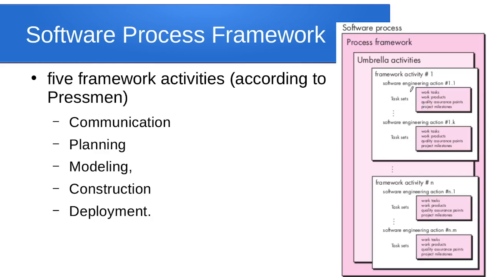So if you are a software engineer, you should be able to break this action into certain tasks. These tasks can have work tasks, what are the tasks to be done, work products, what you will actually get after that, and quality assurance points, what are the things you must consider to assure that the quality is nice, and project milestones.